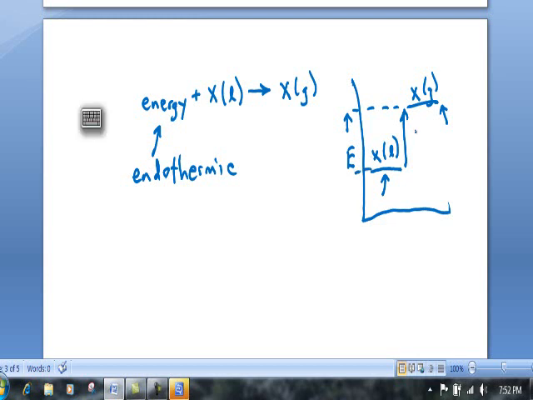This difference in energy for chemical processes is known as delta H, or the change in enthalpy of the reaction or process. For endothermic processes, the delta H is a positive number. And specifically, when we're turning a liquid to a gas, the delta H is referred to as delta H of vaporization.